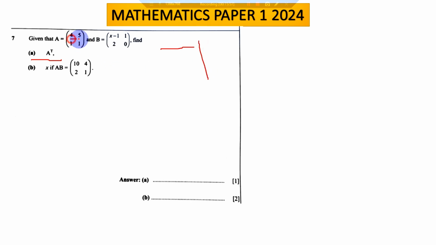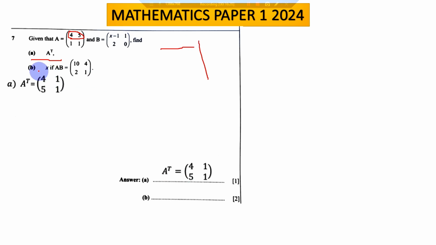So row number 1, where we have a 4 and a 5, is going to be changed into a column. Same applies with the second row. Or you can change the column into rows, either way. So the answer will be 4, 1, 5, 1. That is the transpose of A.